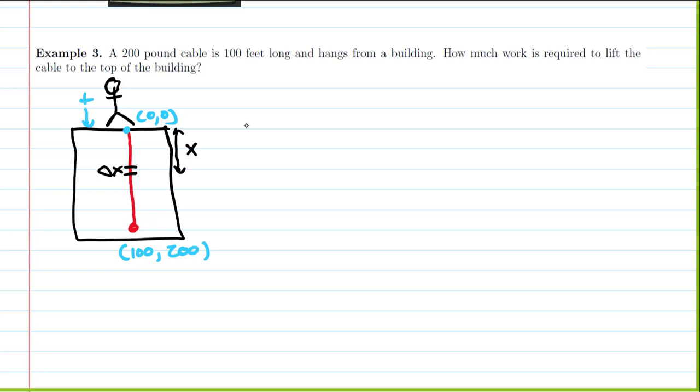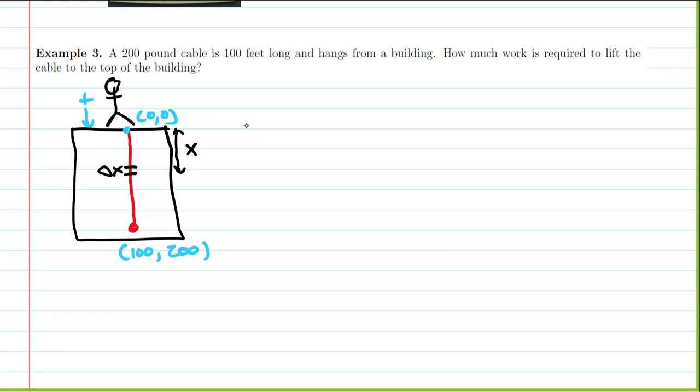So the distance to every delta x chunk is x. All right, so now we need to find something to do with this. The first thing we need to find is our density, in this case our linear density. So what do we know?